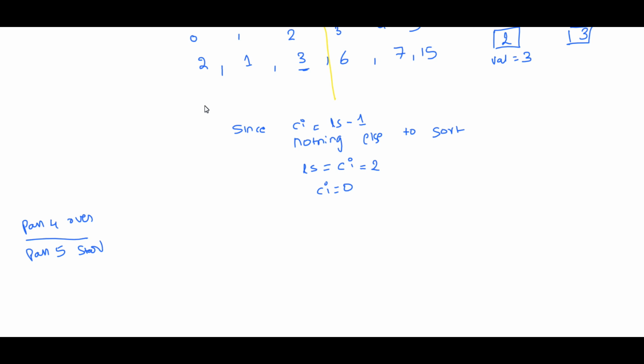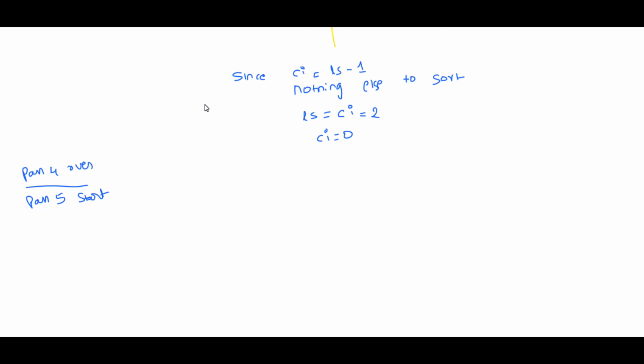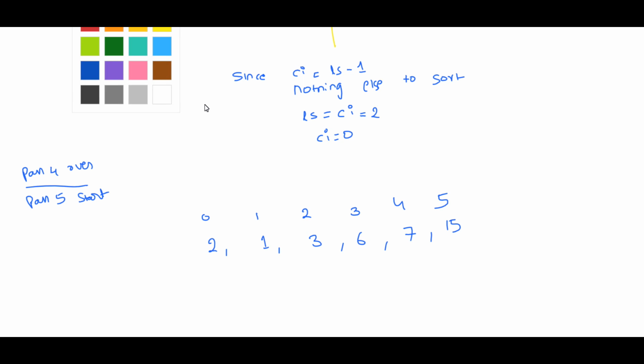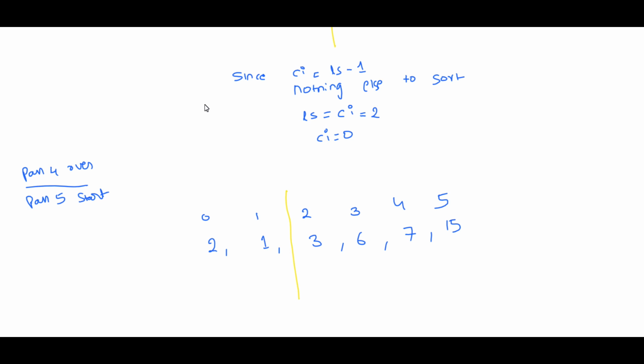Pass 5 starts. Once again, 0, 1, 2, 3, 4, 5, 2, 1, 3, 6, 7, 15, and since our lowest sorted index is 2, draw our yellow line here, and we're going to say everything here is sorted.